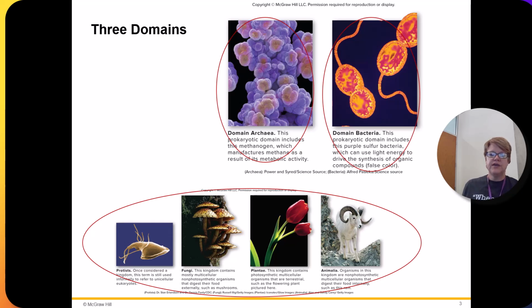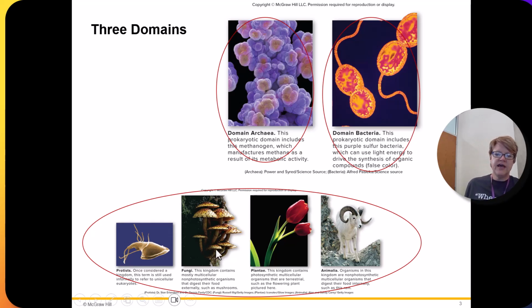Within Eukarya, some of the organisms are unicellular, some are multicellular. In this image, the protists are unicellular, although this is probably a terrible thing to choose for a protist picture. They could have just selected amoeba. Amoeba is a great example. It's unicellular and it's a protist.